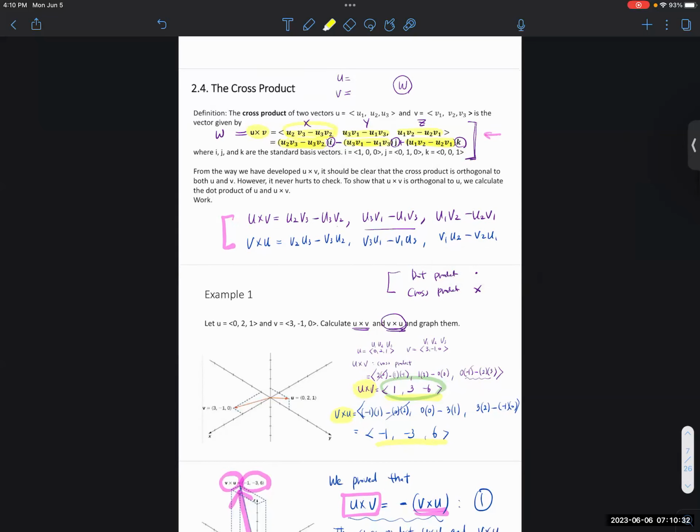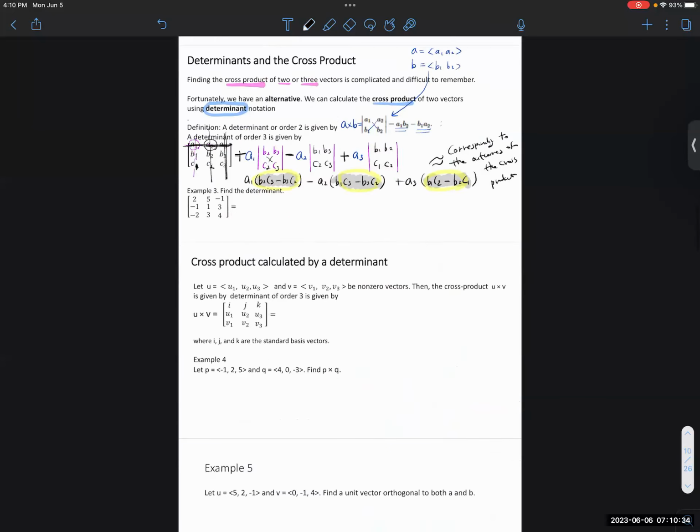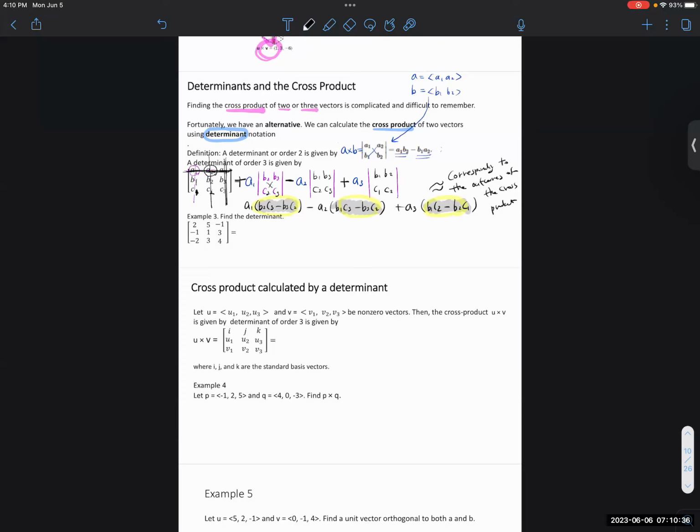So they're all corresponding to the outcomes of the cross product. So by using the determinant, you can find the outcome of the cross product much easier. Does it make sense? So we're going to use a determinant to find the cross product outcome.